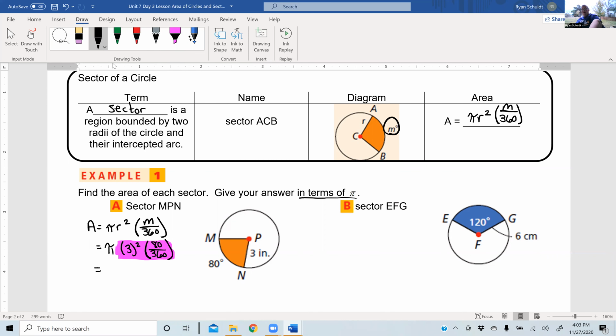So if we put that into our calculator, we'll find that that gives us 2. Then we just bring the pi down. So 2 pi inches squared. That's our area. 2 pi inches squared.